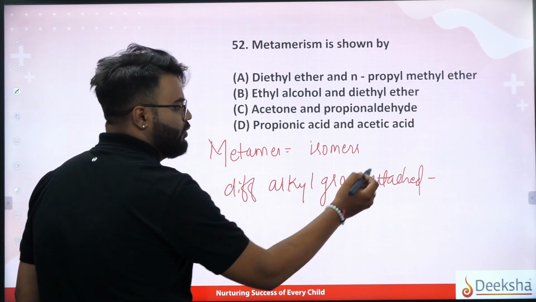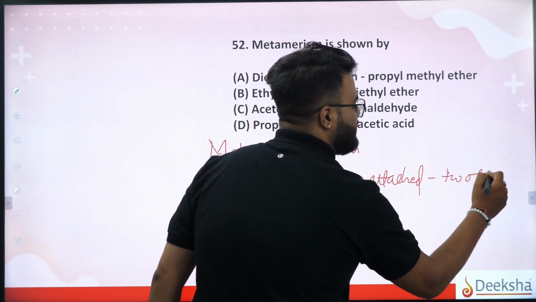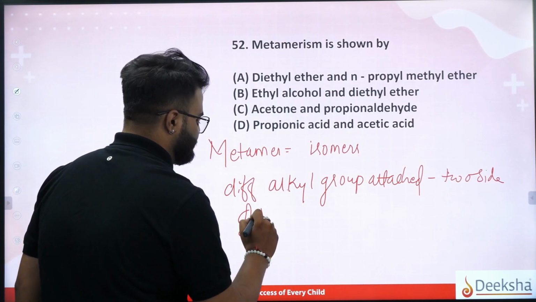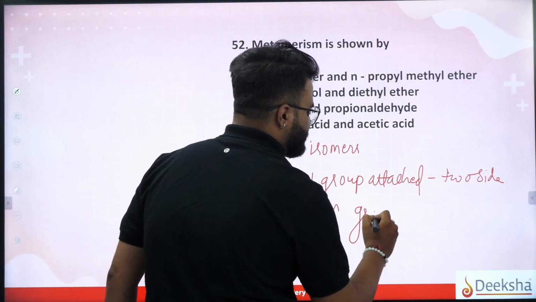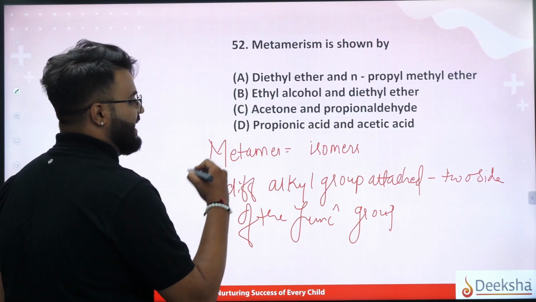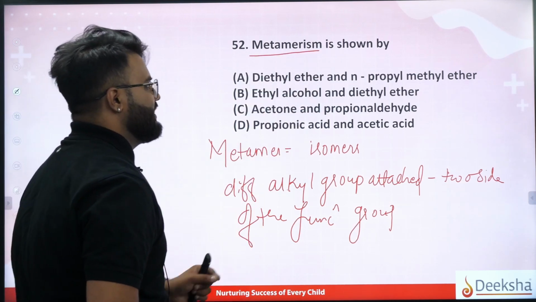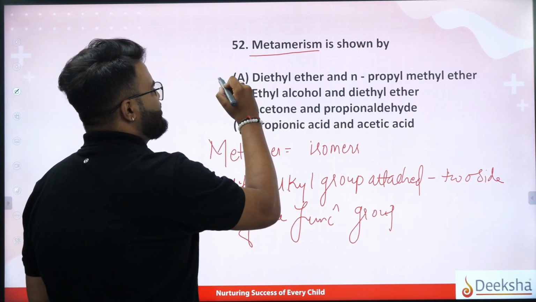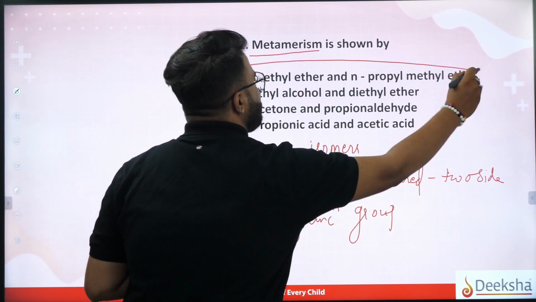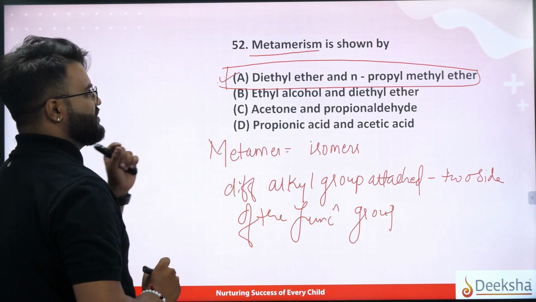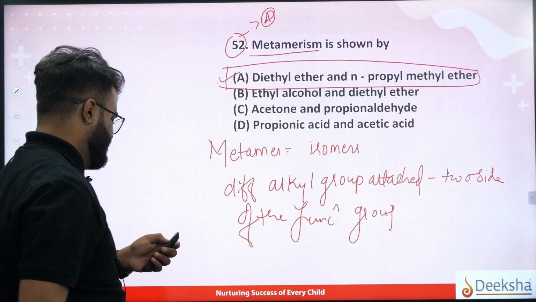Different alkyl groups will be attached to the two sides of the functional group, that is known as metamers. That phenomenon we call metamerism. So in this we can see directly, option A, diethyl ether and N-propyl methyl ether will give you the correct metamers. So for question 52, option A will be your correct answer.